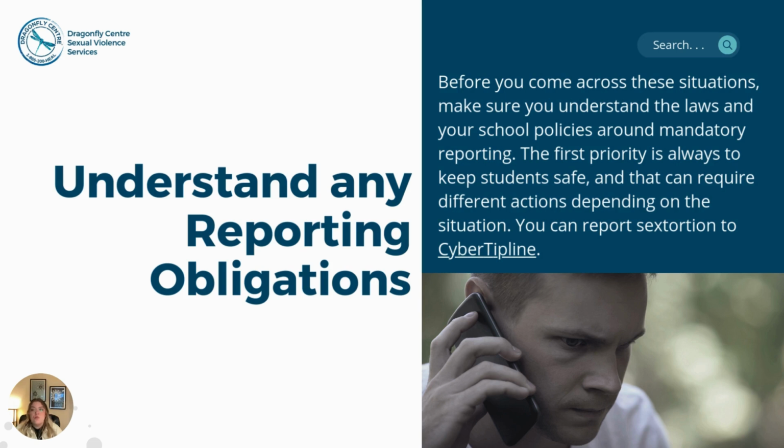Key steps to take when reporting include ensuring the student's immediate safety and well being, documenting what was disclosed to you in a factual and objective manner, following your school's specific reporting protocols, contacting cybertip.ca or other relevant authorities if online exploitation is involved, connecting the student to appropriate support services. If you are interested in learning more about mandatory reporting, please visit our Understanding Disclosures video on our website.